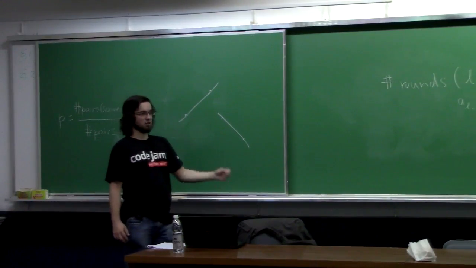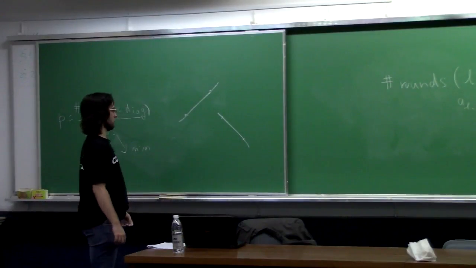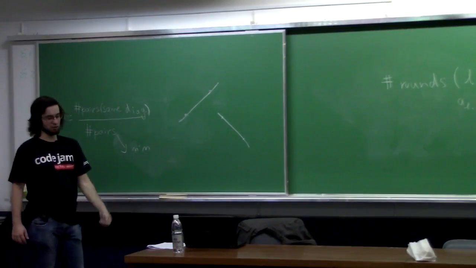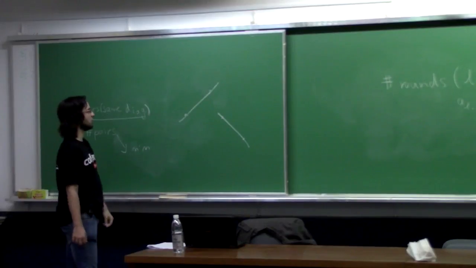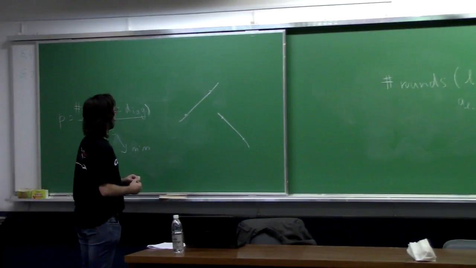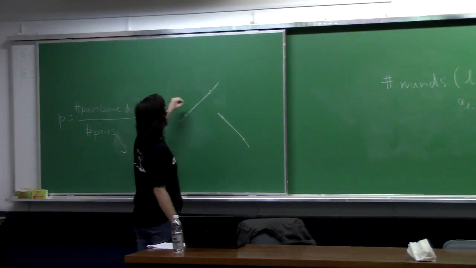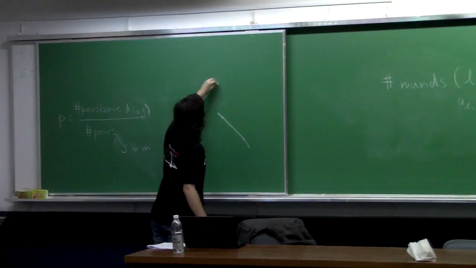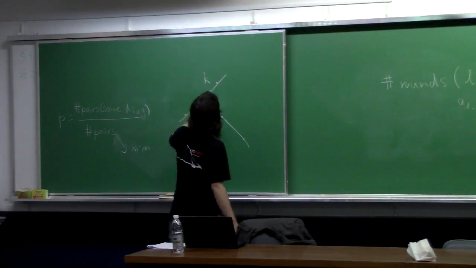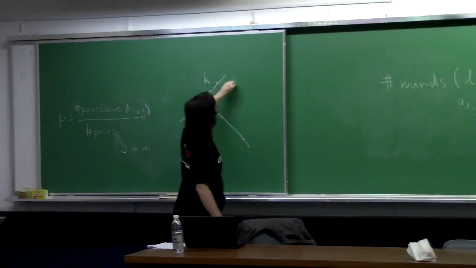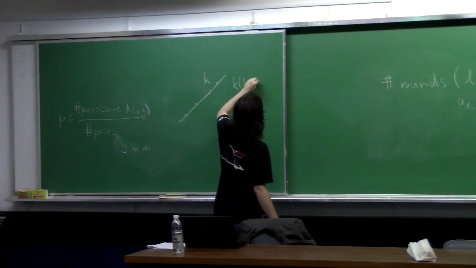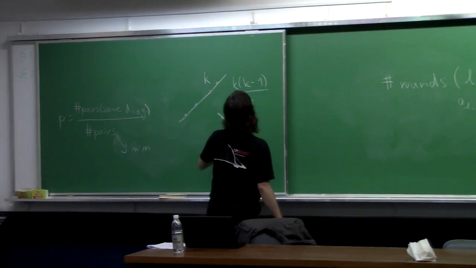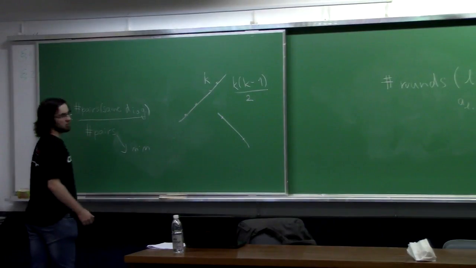And for both types of diagonals, just count for each diagonal how many points appear on it, how many pairs of points appear on it. The number of pairs that appear on a diagonal with k points will be k times k minus 1 divided by 2, for the reasons I just explained.